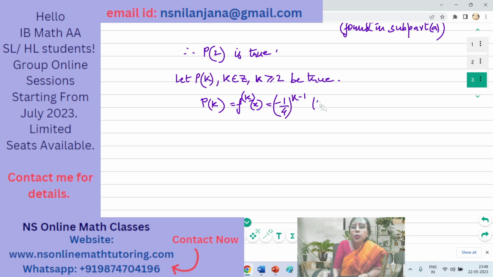Then it is 2k minus 3 factorial over k minus 2 factorial.